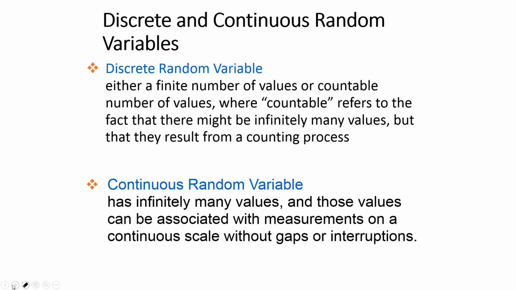So between any 2 values, there's a third with no gaps or interruptions. So you're going to get a bunch of decimals for, like, weights of children, right? If any of you have kids and you've gone to the pediatrician and they show you that chart where your kid's weight falls, right? So that's a continuous random variable.